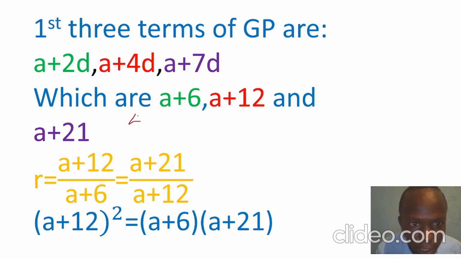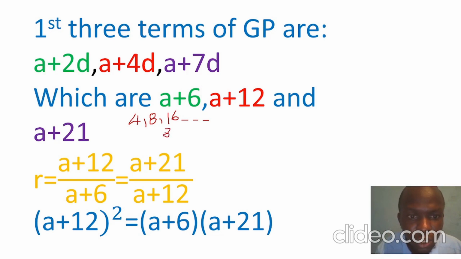We have the following 3 numbers: 4, 8, and then 4 times 2 is 8, 8 times 2 is 16. Now this is a geometric progression.